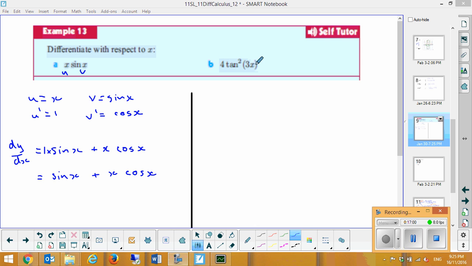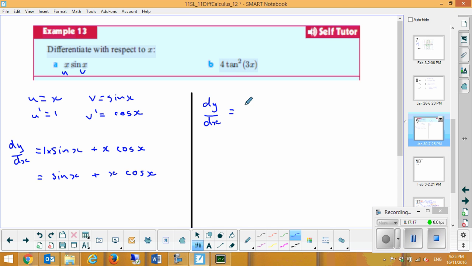The next one here, we can see we've got a tan, it's being squared, and we've got a function inside. So there's nothing being multiplied there, so it's not a product rule. It's basically a chain rule, like a double chain rule. So dy dx equals, put down the 4 and leave it. Now think of that as 4 when you've got tan of 3x all squared.